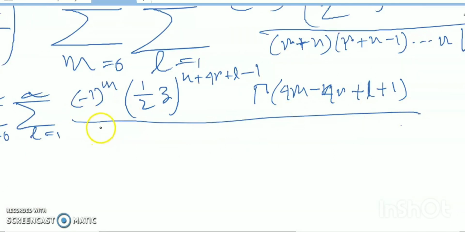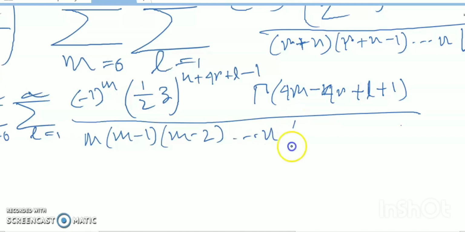It can be written as r plus n means m into m minus 1 into m minus 2 up to n into 4r plus l minus 1 factorial.